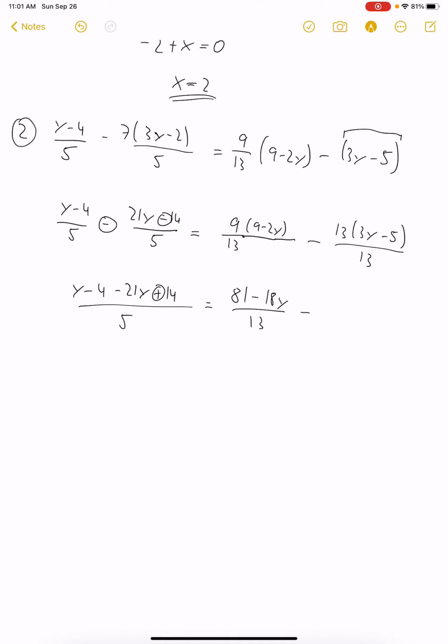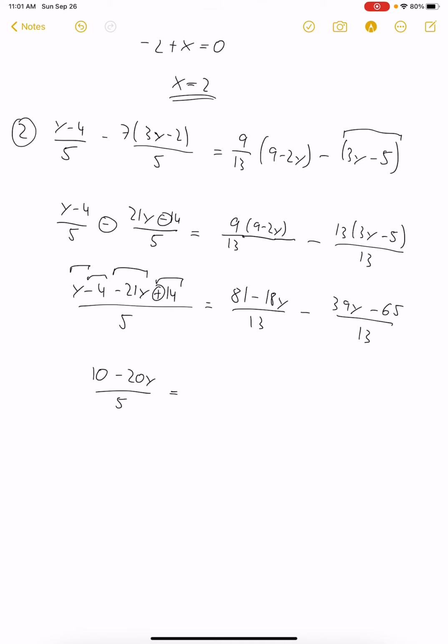And then we have minus (39y minus 65) over 13. Okay, so on the left-hand side, we get plus 14 minus 4, which is 10. And then we have 1y minus 21y, which is minus 20y, divided by 5.